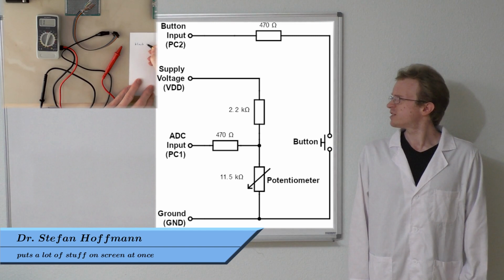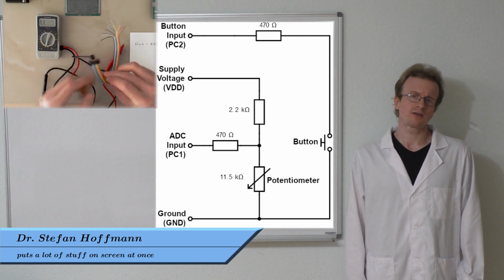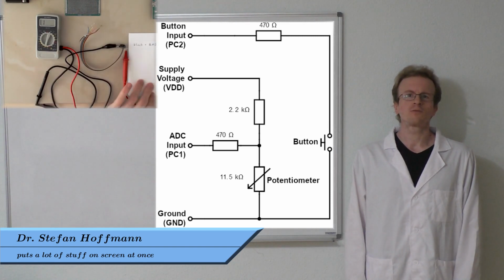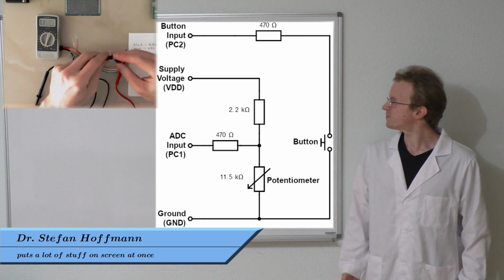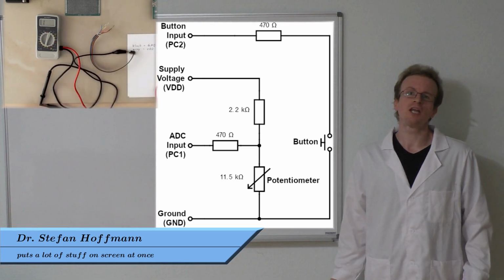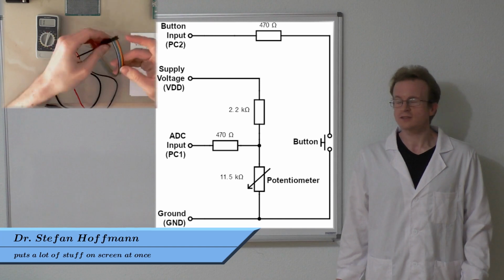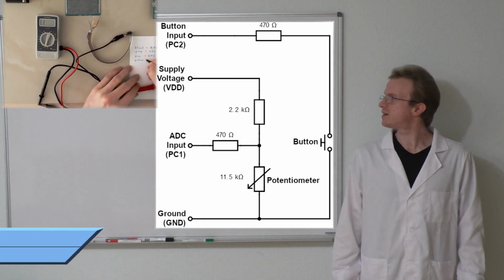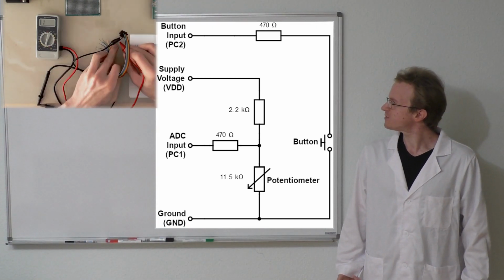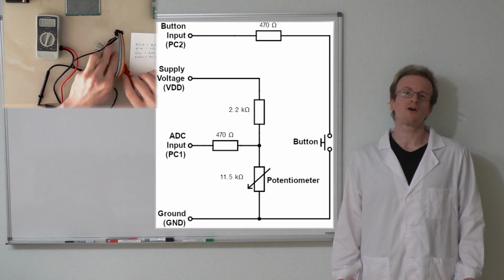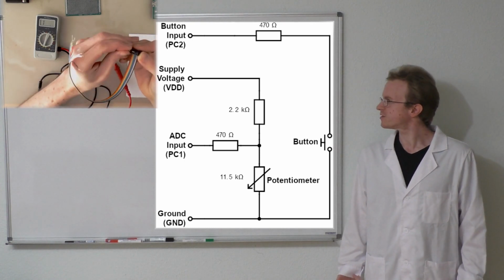So basically there's just one question remaining about this circuit. Why are there 470 ohm resistors at all? Technically you can just not use them. I tried it, it works, but it's just a precaution for safety reasons. Because what happens if you don't put in those two small 470 ohm resistors in this circuit?